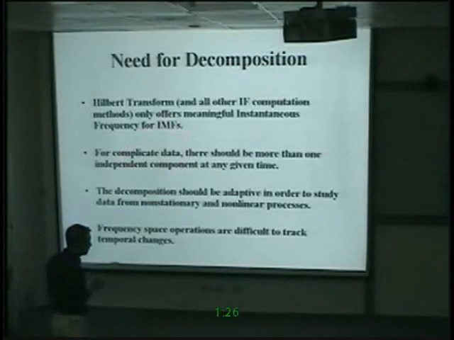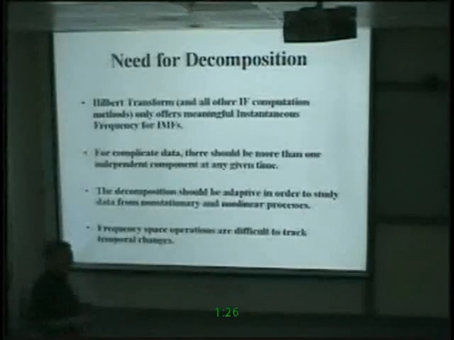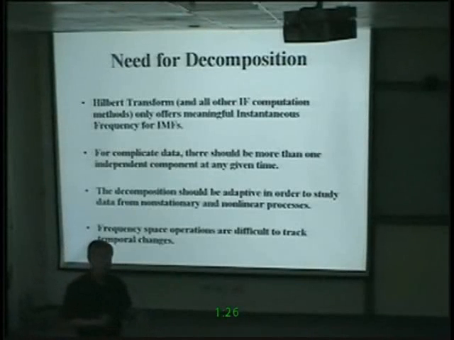Now, instantaneous frequency has various different definitions. When we talk about the comparison with Wigner-Weil distribution and wavelet, we'll talk about that. Some people maintain that a data set will have only one value of instantaneous frequency at one particular instance. Is that reasonable?